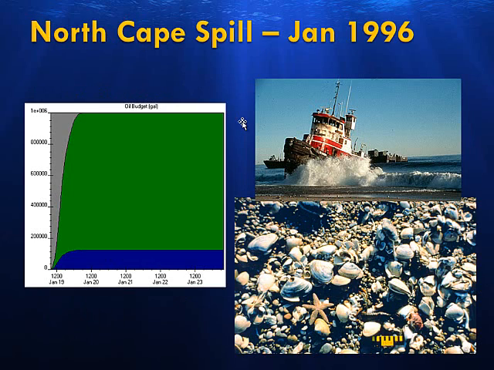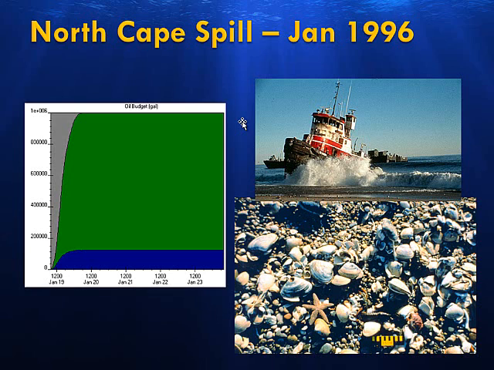This was a spill in the Northeast. It was a number 2 home heating fuel. It was 828,000 gallons that was released right near shore, and the surf was 15 to 20 feet high. So a lot of physical dispersion.